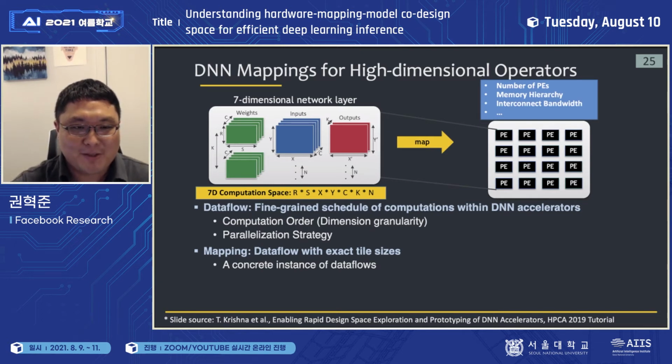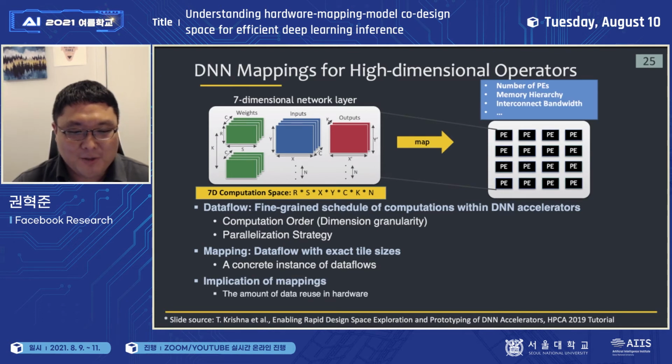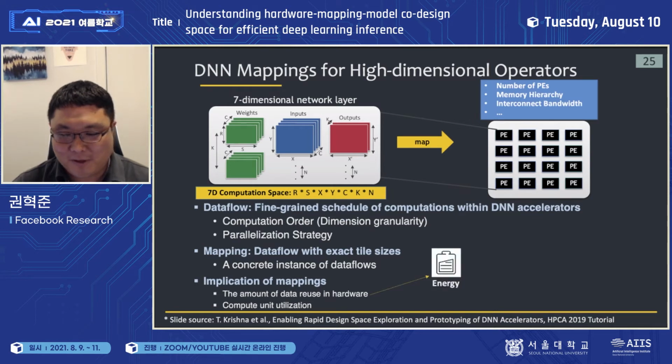If we parallelize over the depth or channels, then how many channels do you want to map at the same time? That's the exact tile sizes, and that makes the data flow a mapping. The implications are the amount of data we use in hardware and compute unit utilization, and both of them are related to critical metrics such as energy and latency.